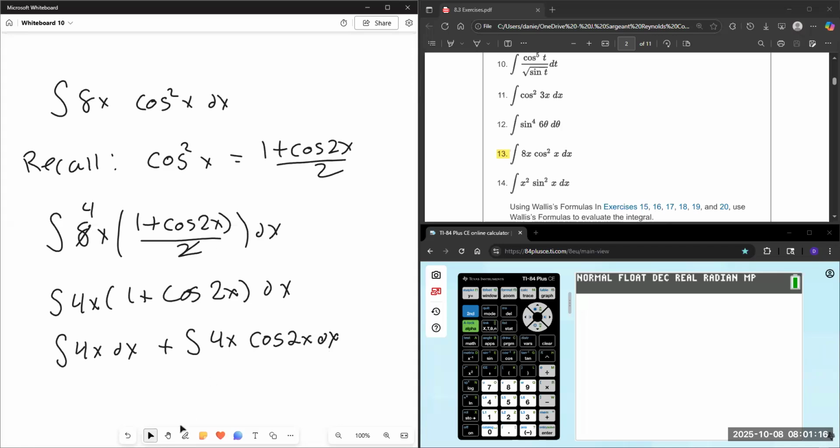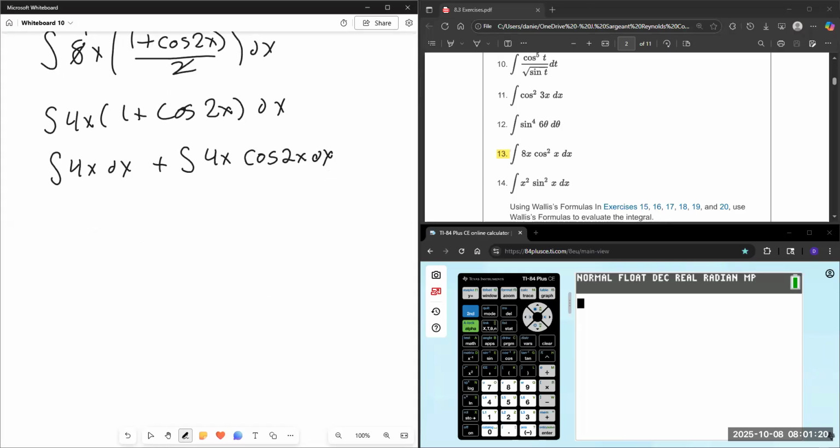I'll split these up here, and this will be 4 integral x dx plus 2 integral x cosine 2x times 2 dx. I'll take 2 from that 4 to make a cosine u du. So this one is going to be by parts.